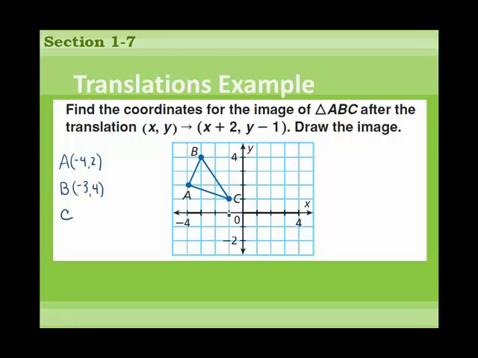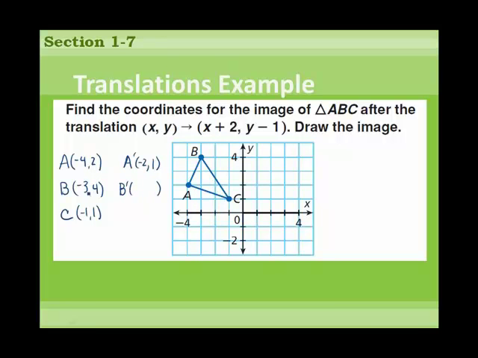And the coordinates of C are negative 1, 1. Now, under this translation, all of the points go from x, y to x plus 2, y minus 1. So when I find A prime, I need to add 2 to negative 4, and that gives me negative 2, and subtract 1 from the 2. So that gives me 1.